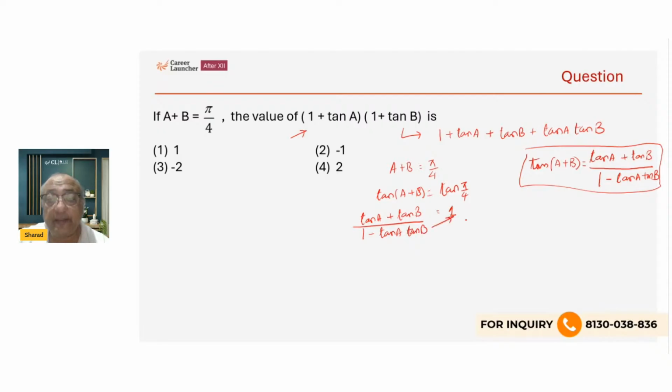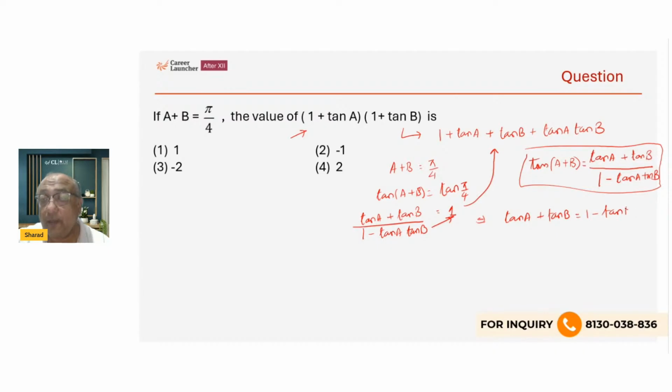I'll multiply here. Now I can see that I'm close to the answer. So let's proceed a little bit. Tan A plus tan B, then we will reevaluate, and this is 1 minus tan A tan B.